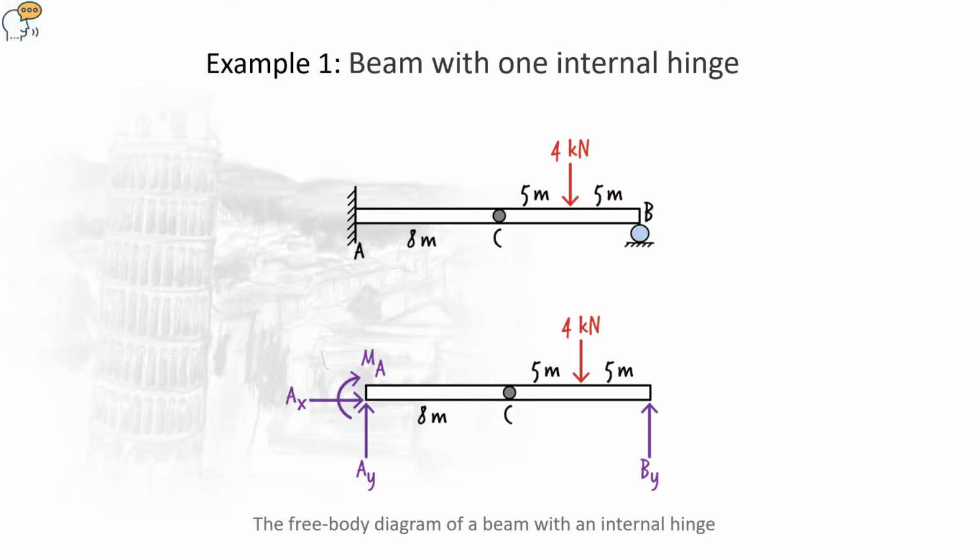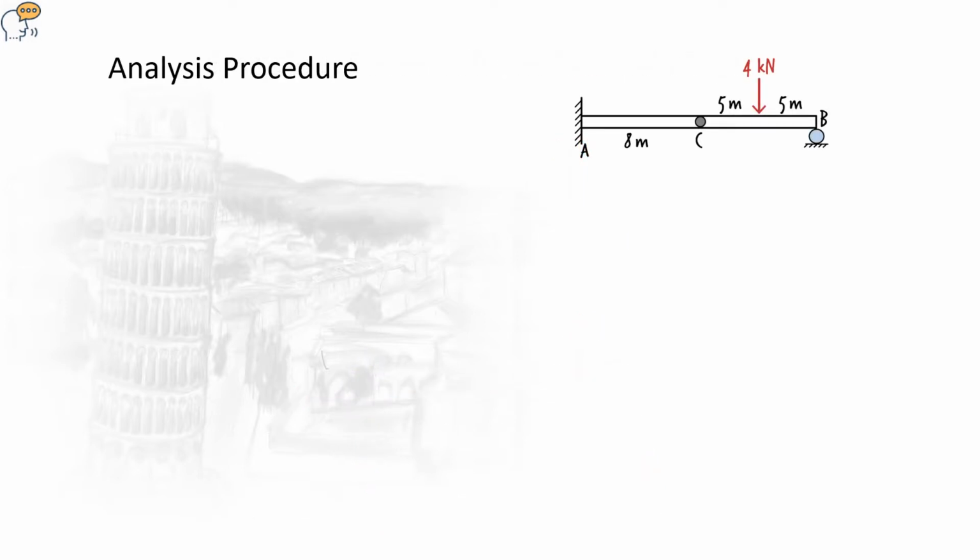Does this mean the structure is statically indeterminate? This would have been the case if there was no internal hinge in the beam. But the presence of the hinge at point C makes the structure statically determinate. That is, we should be able to determine the support reactions solely using the static equilibrium equations. Here is how.